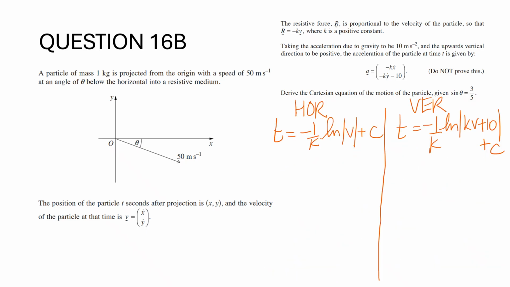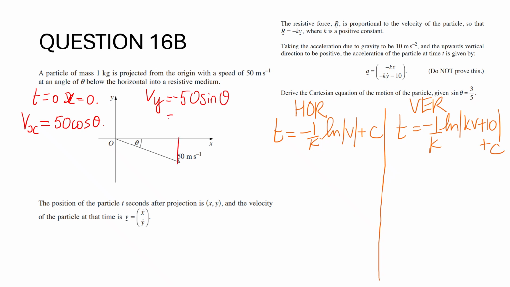Now we're going to need initial conditions. So we know when t is equal to 0, x is equal to 0, and we need the horizontal component of velocity, which would be 50 cos theta, and we need the vertical component of velocity, which is going to be 50 sine theta, and we can see also it is going to be negative.